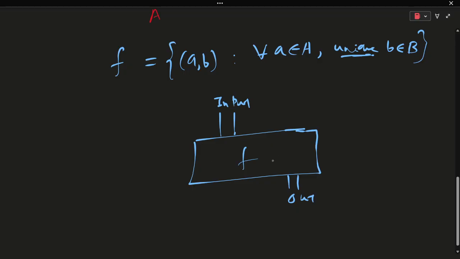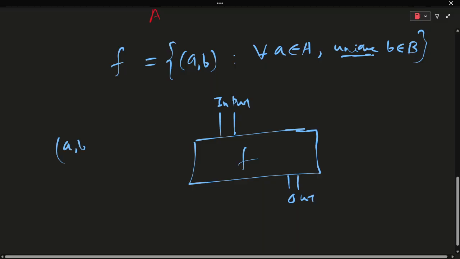Suppose these functions actually those elements a and b, a and b belong to A, such that the specific rule is b equals a square, b equals a square.